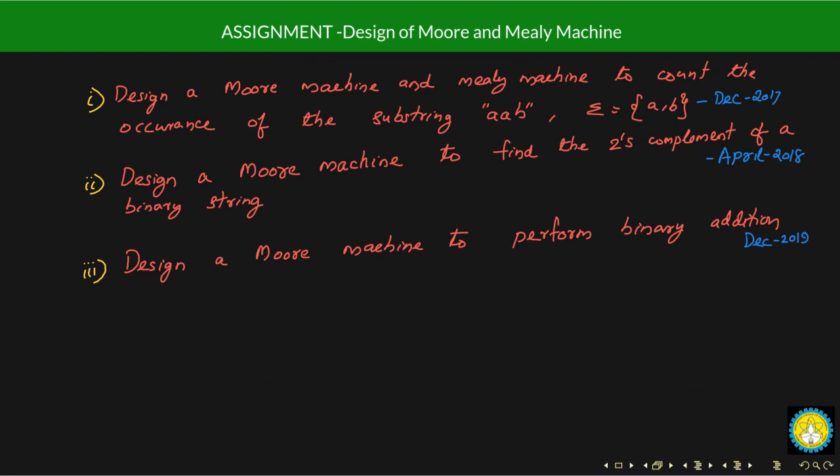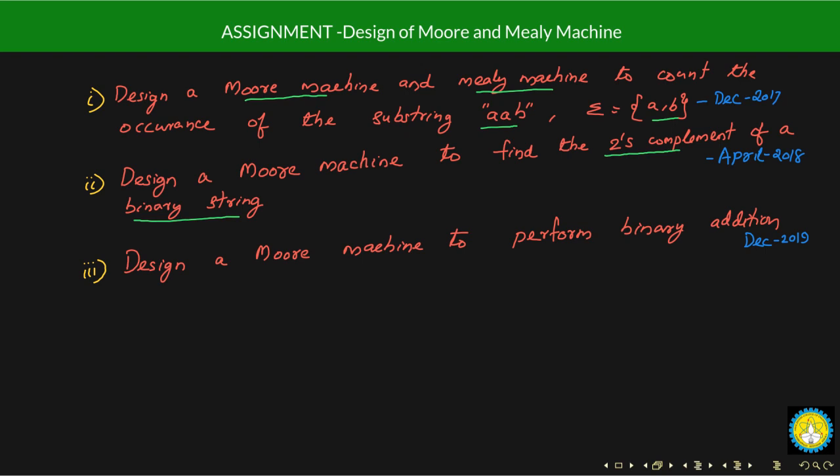Now, as an assignment, you can design the Moore machine and a Mealy machine to count the number of occurrences of the substring AAB, where the alphabet set is A, B. Similarly, you can also try to design a Moore machine to find the 2's complement of a binary string. We already designed the Mealy machine to find the 2's complement.